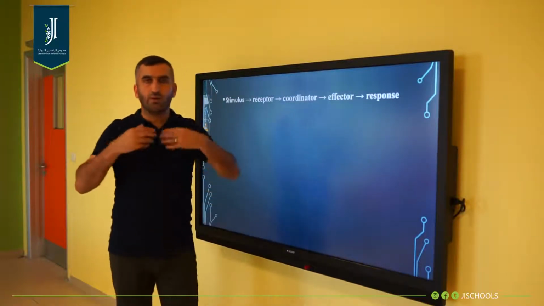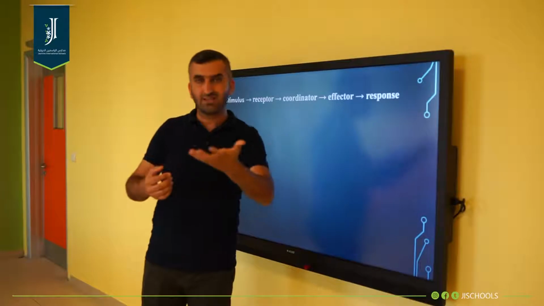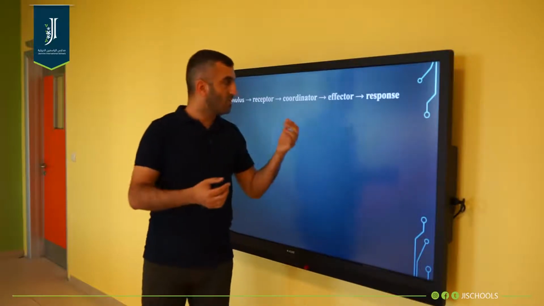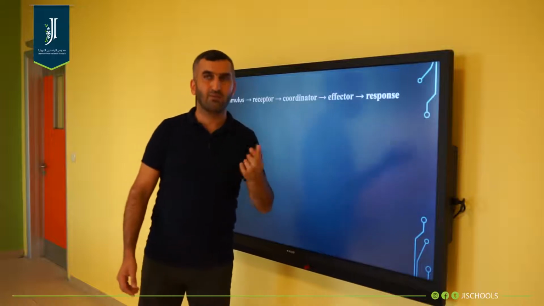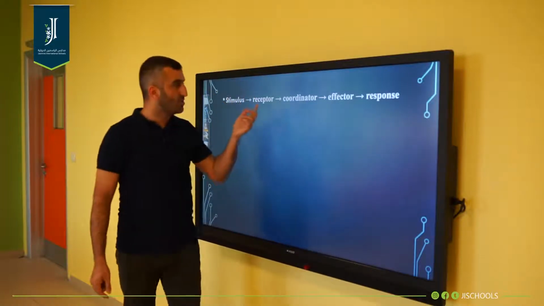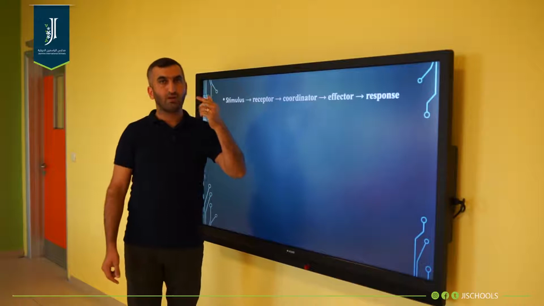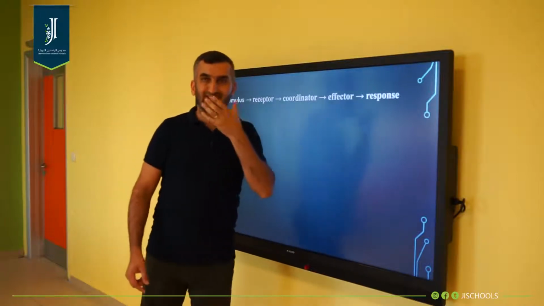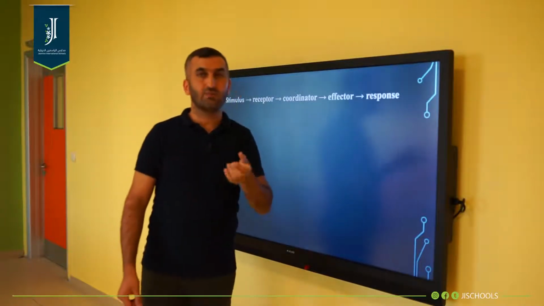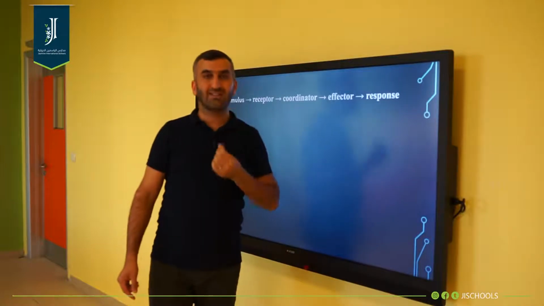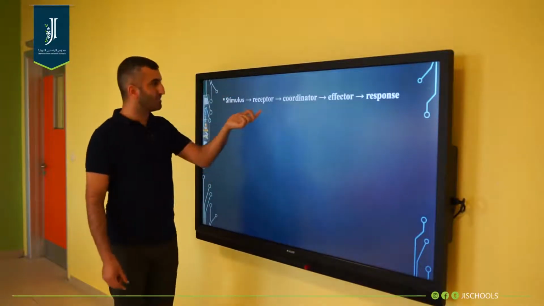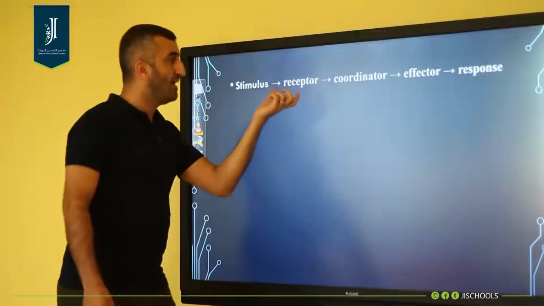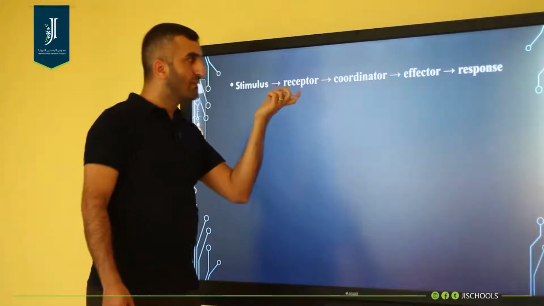Another type: we are looking at something moving, and we can detect this kind of stimulus using our eye. So again, we have a receptor in the eye. We have receptors in the nose that can detect different smells. We have receptors in the tongue that can detect different tastes and so on. So all of these are receptors. The stimulus has to be detected by a receptor.